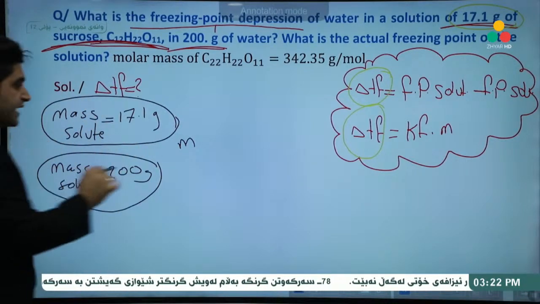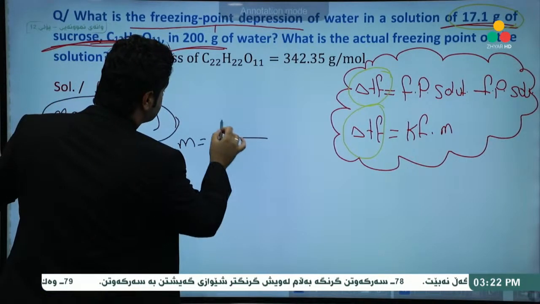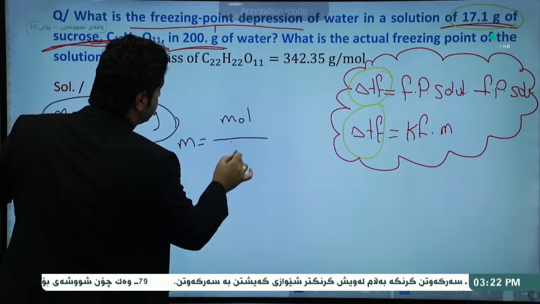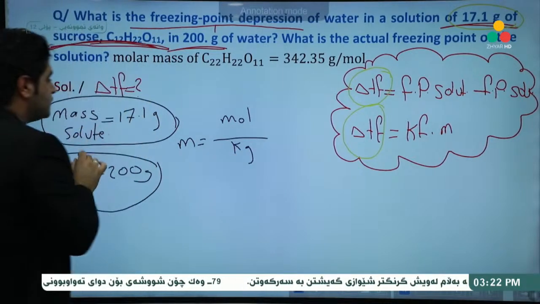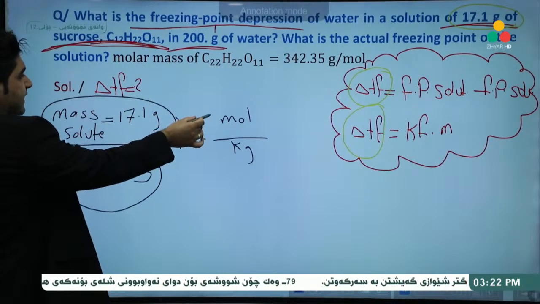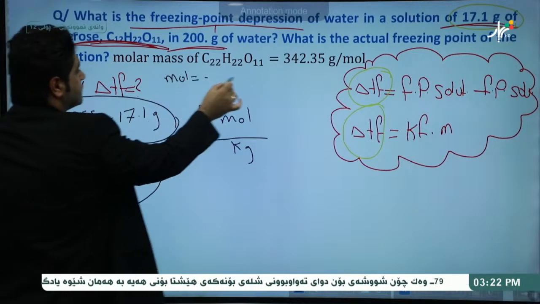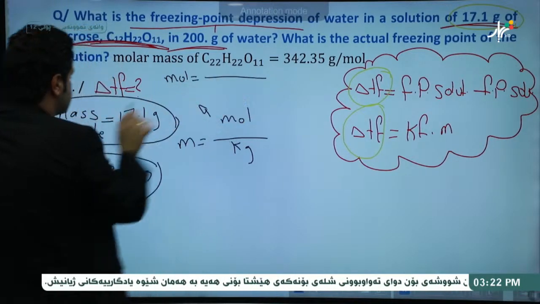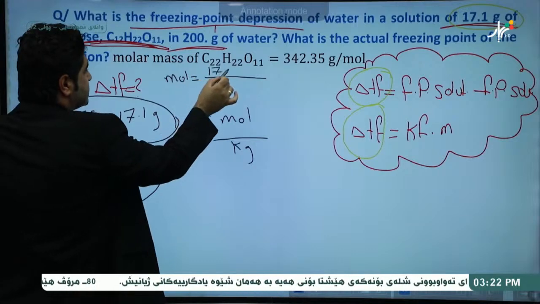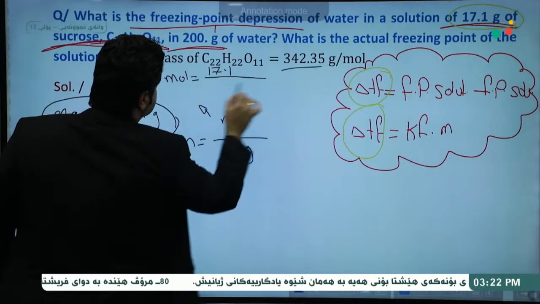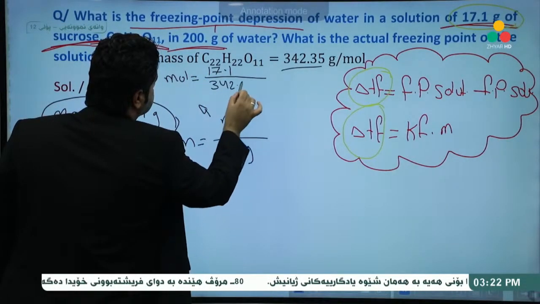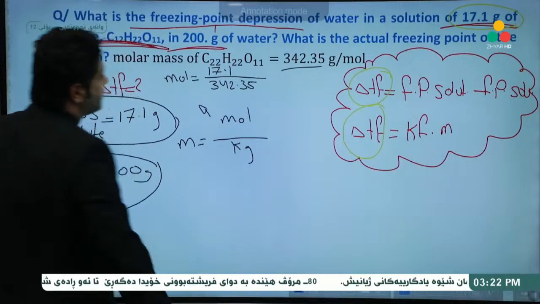How can we find the molality? Molality is equal to mole per kilogram. But we don't have the number of moles. It's very easy: mole is equal to mass over molar mass. The mass is 70.1 and the molar mass is 342.35.